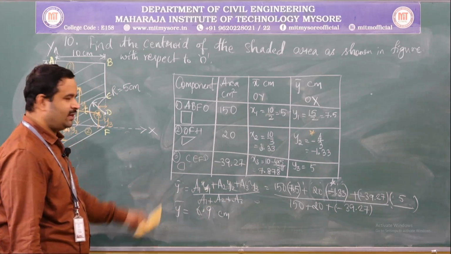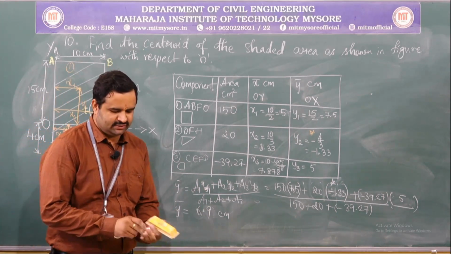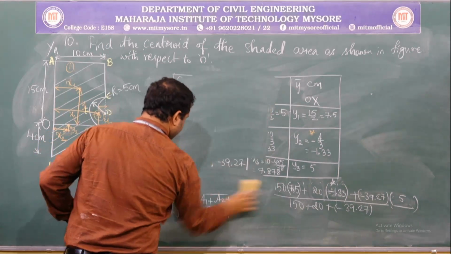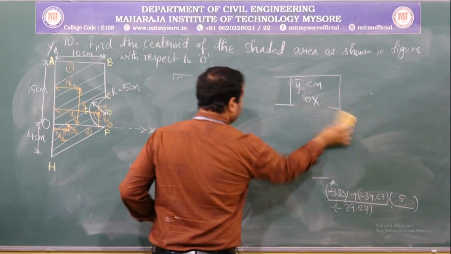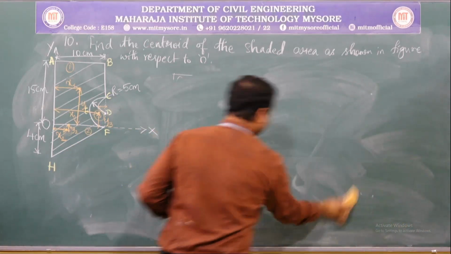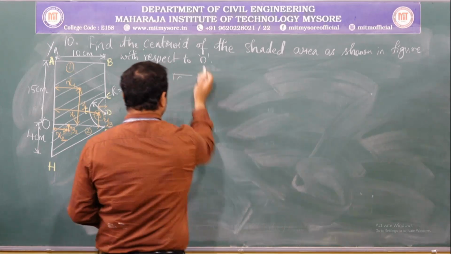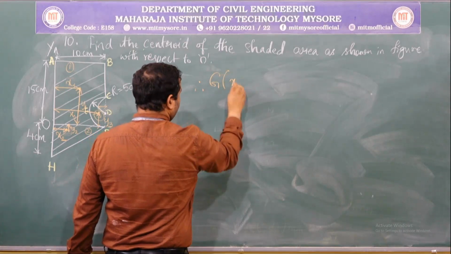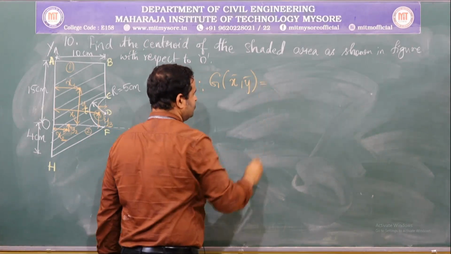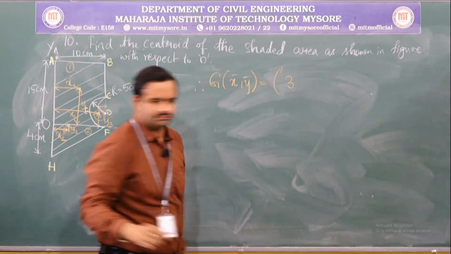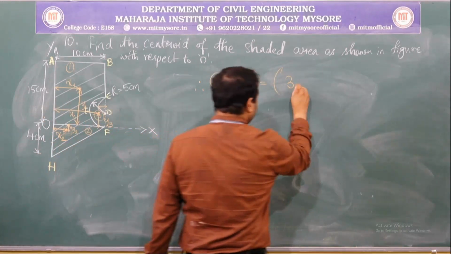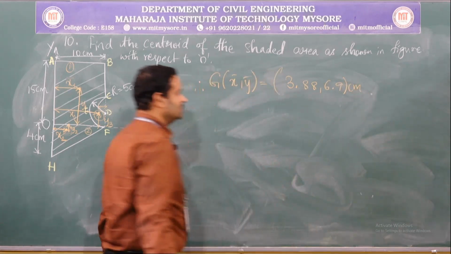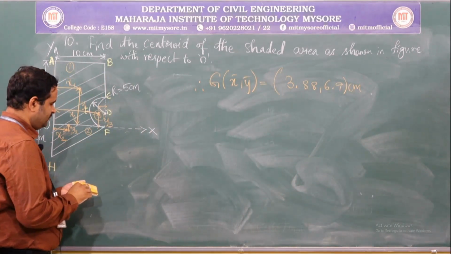Now, we have obtained the values of x bar and y bar. Let us write the last step. Therefore G of x bar comma y bar is equal to 3.88 comma 6.9 centimeters.